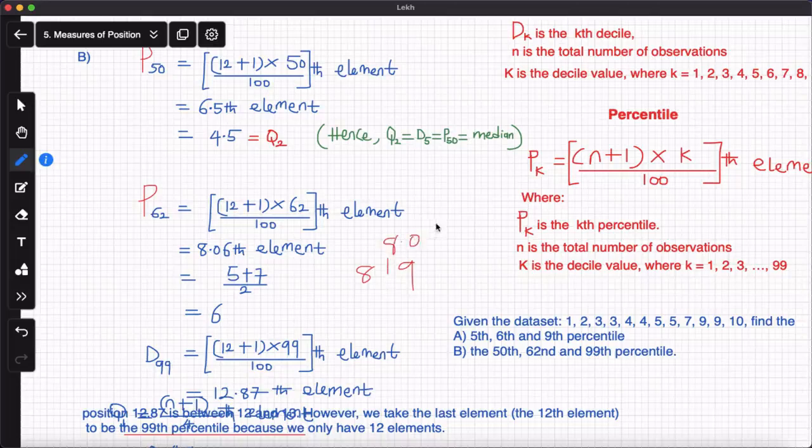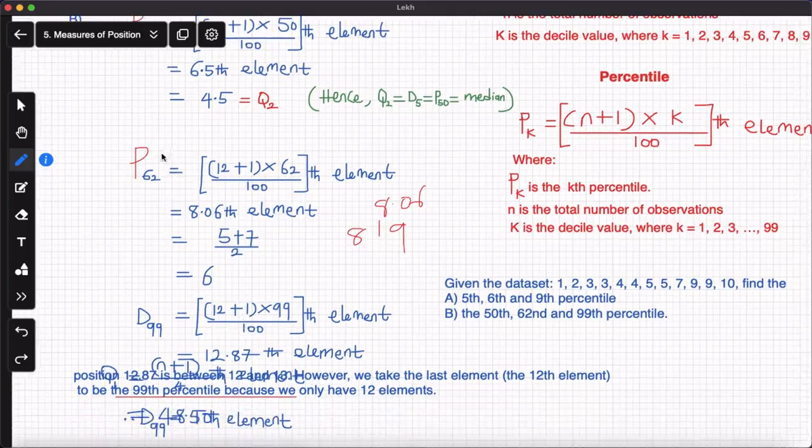So as a result of that, we are going to be picking the 8th and 9th elements. 1, 2, 3, 4, 5, 6, 7, 8, 9. So the 8th element is 5 and the 9th element is 7. We add them together and divide by 2, and that will give us 6. So that means the 62nd percentile is actually 6.